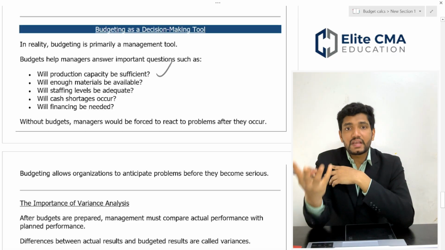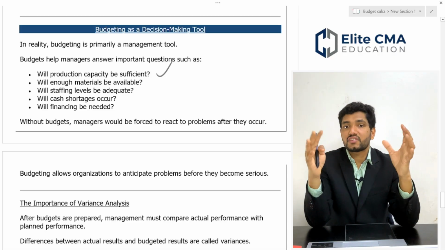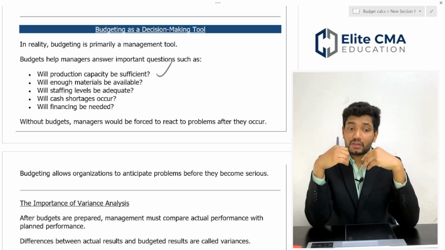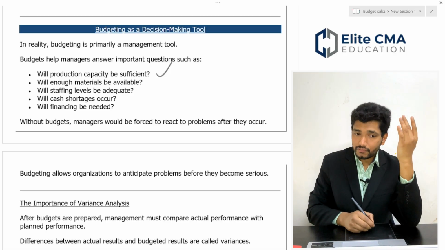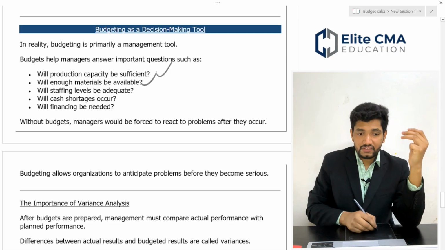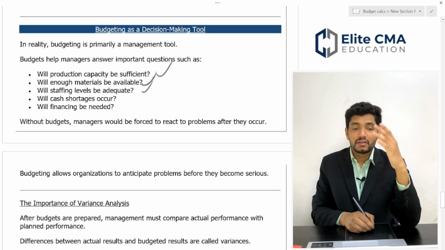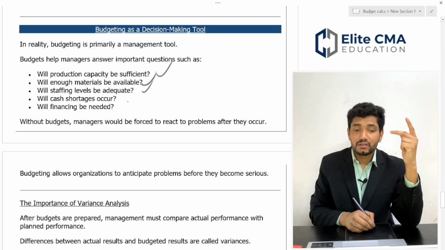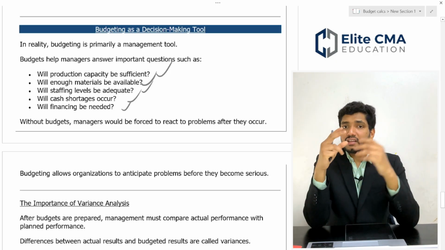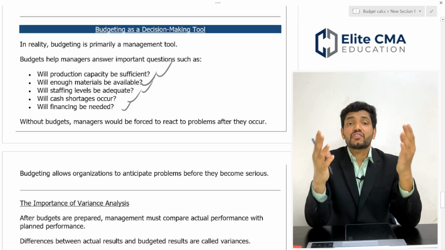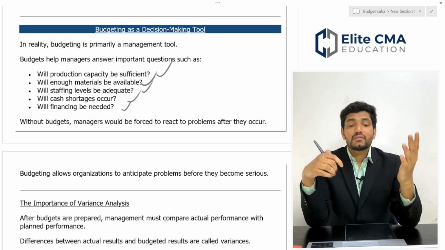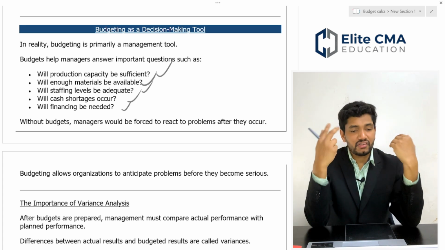Once you compare your sales budget with your production capacity, you can understand whether our current production capacity is sufficient or not. Will enough material be available? Will staff levels be adequate? Will a cash shortage occur? Will financing be required? So the budget is a management decision making tool which helps management make various financial and strategic decisions.